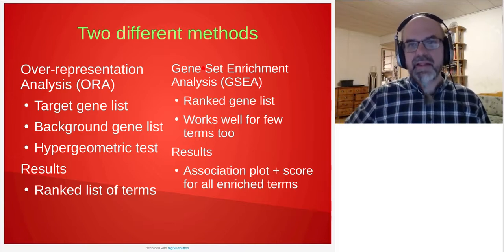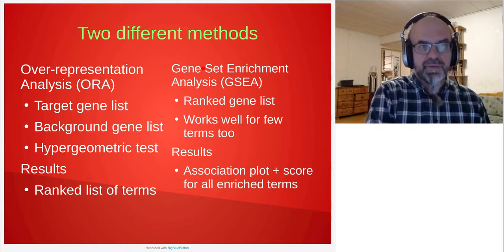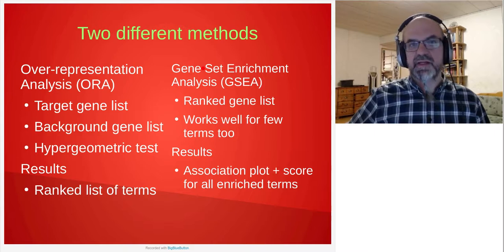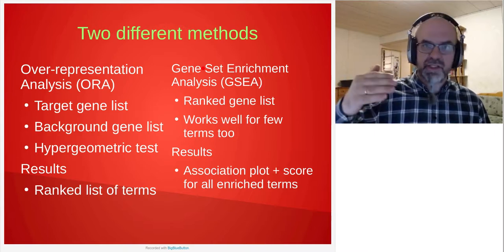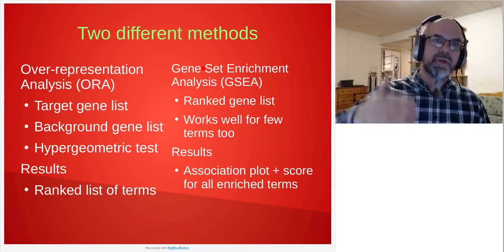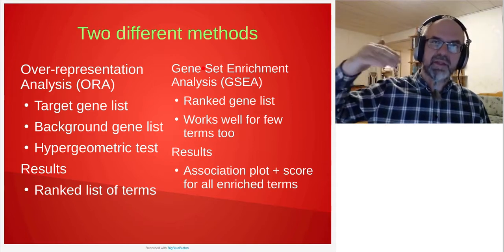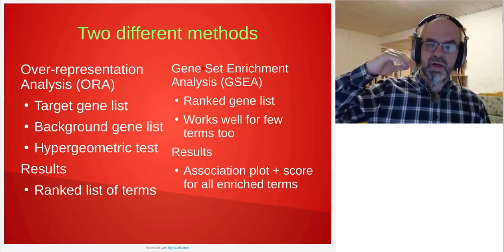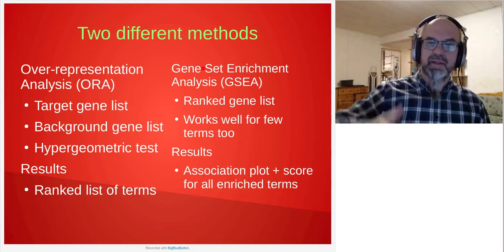And you get this kind of ranked genes, for example, from any kind of differential gene expression analysis, because you can rank the genes either using the adjusted p-value or using the differential expression ratio, so the fold change, how many times the gene is upregulated or downregulated.